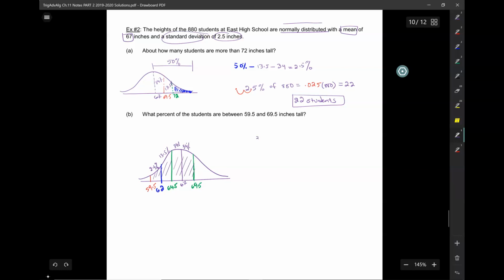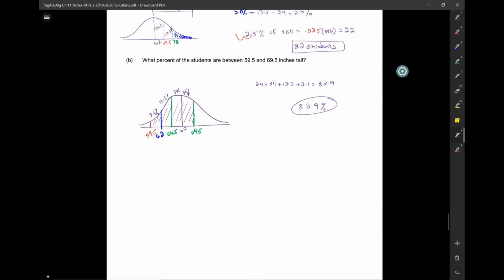So altogether, that's 34 plus 34 plus 13.5 plus 2.4, 83.9. So it's 83.9% of all of the students. Okay?